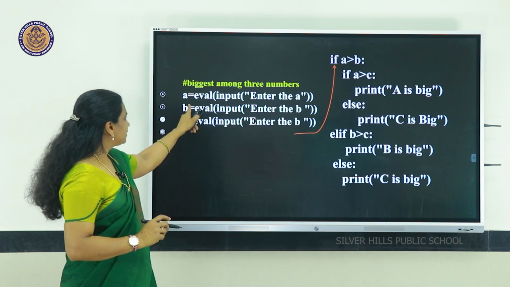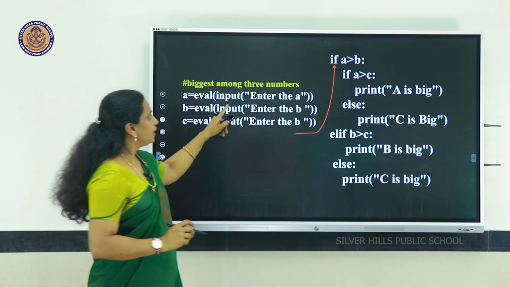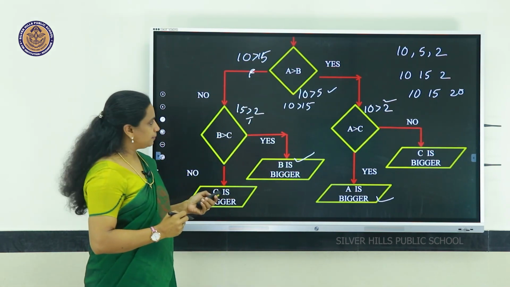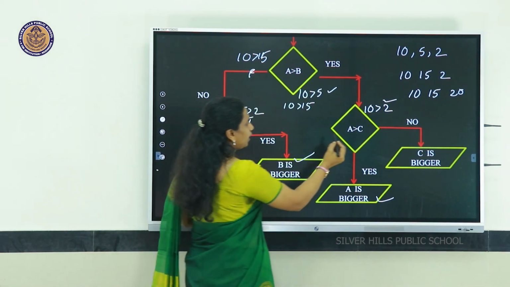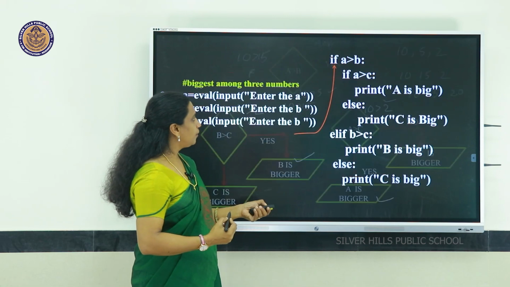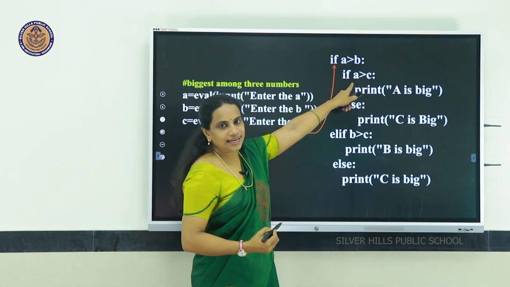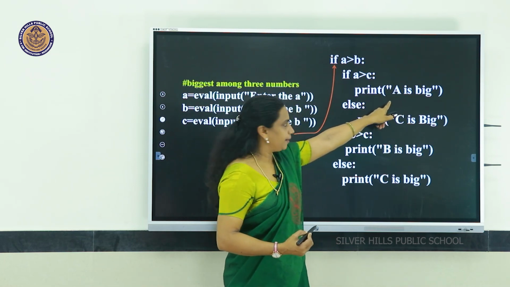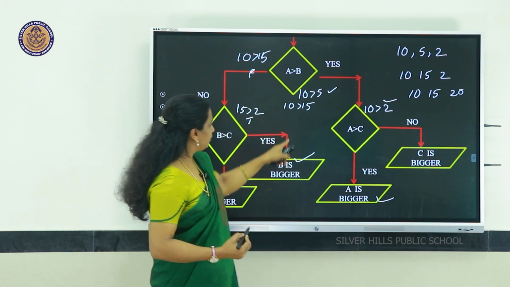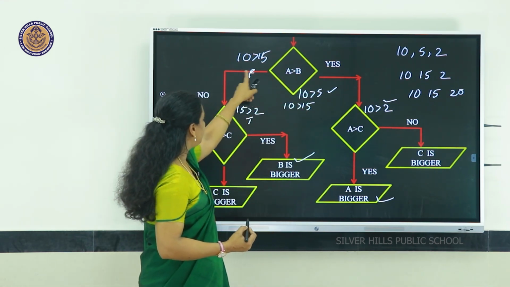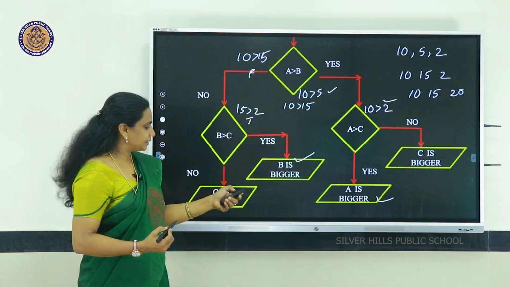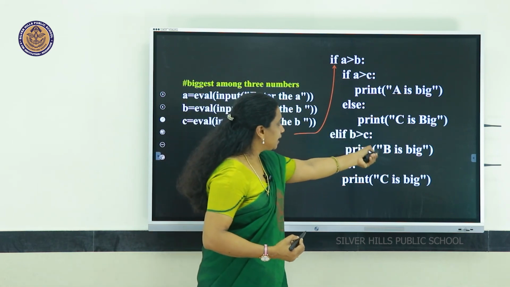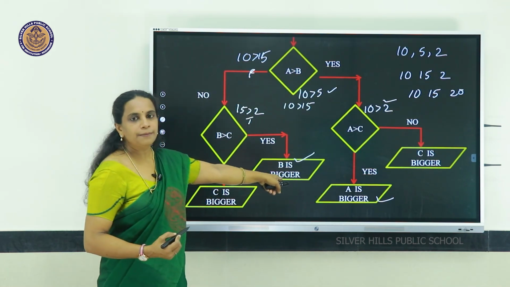You can input 3 numbers A, B and C. Now, see, A greater than B, just to compare with the previous flowchart. Now, what you have to check is A greater than C. It is checking whether A is greater than C. If A is greater than C, then we can assume that the biggest number is A. If it fails, A is not greater than B, then you have to check whether B is greater than C. Now, if B is greater than C, then you can print B is the biggest number.